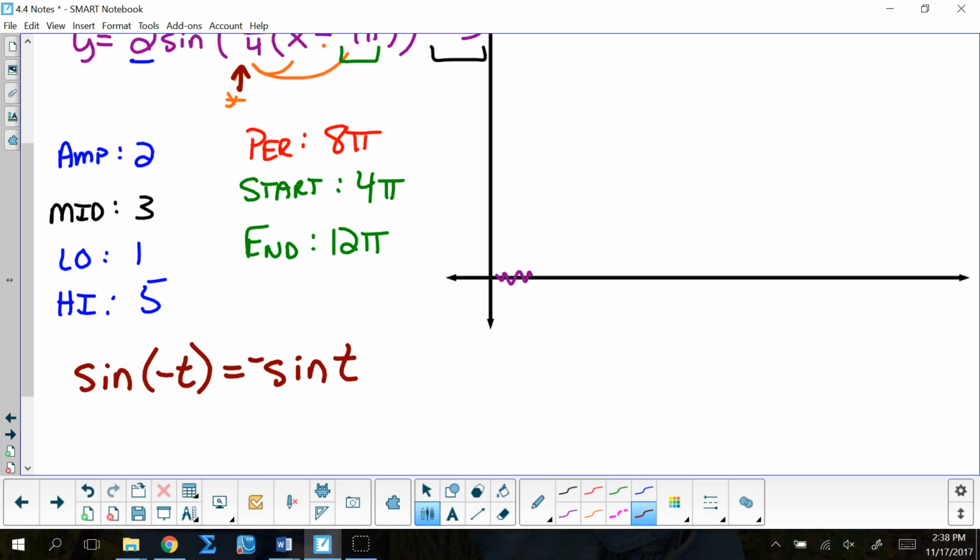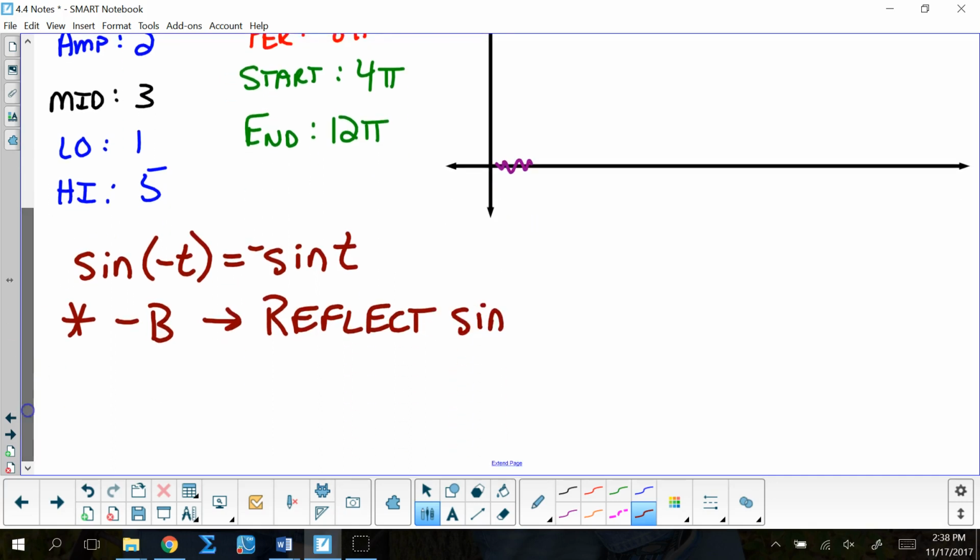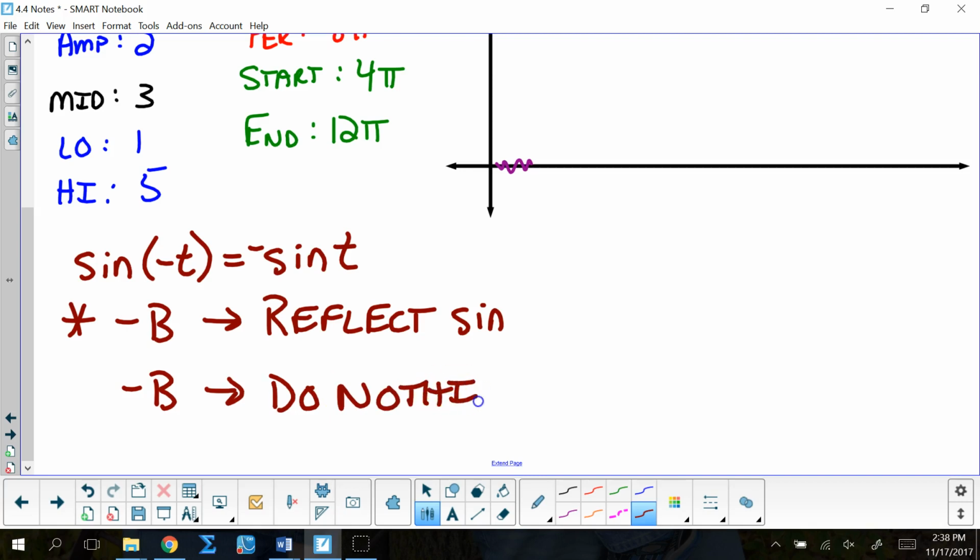Okay? Now, side note here, negative b values reflect sine curves. Negative b values do nothing to cosine curves.